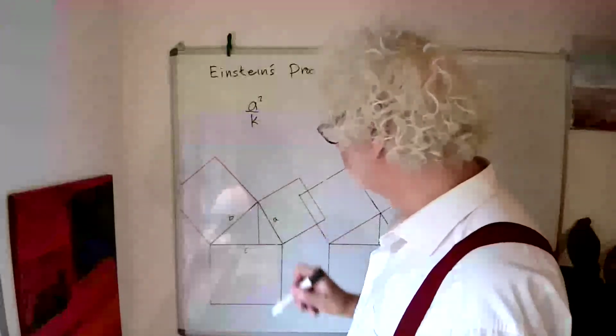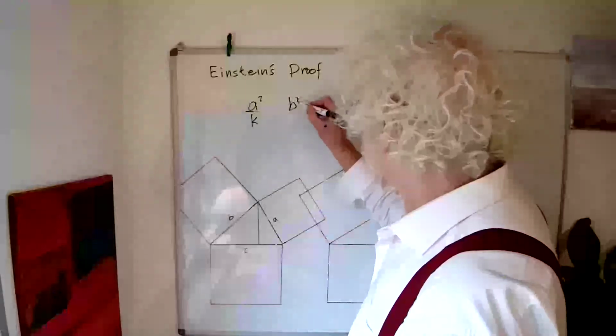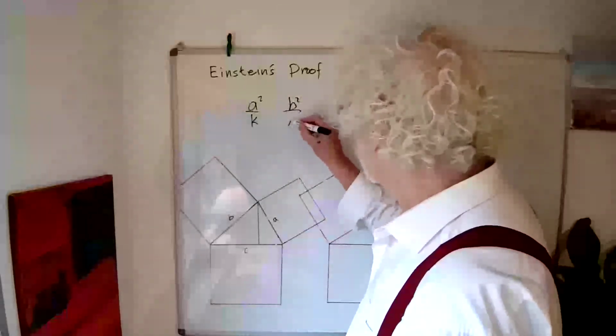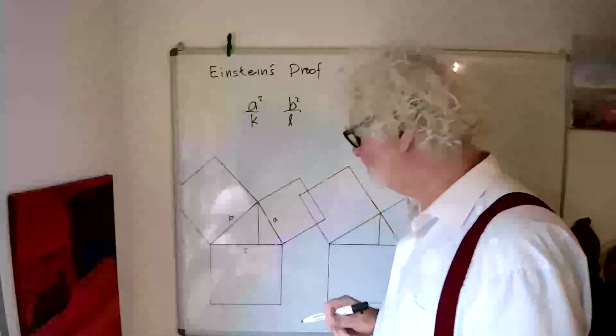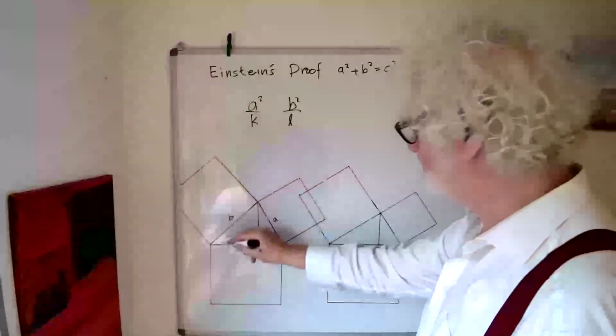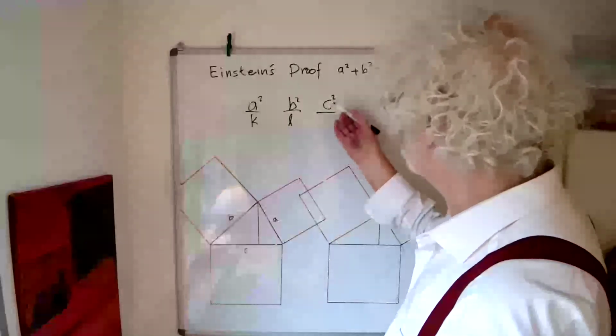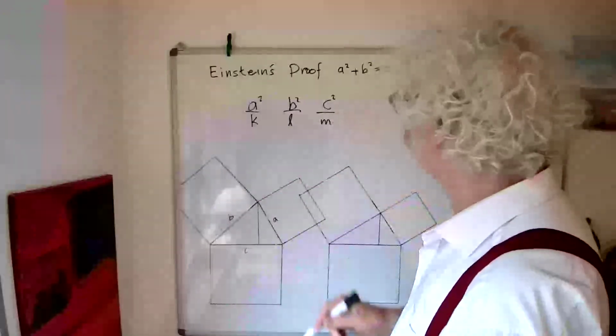So this middle-sized triangle has area b squared divided by some number L, say. And the biggest triangle has area c squared divided by m, say.